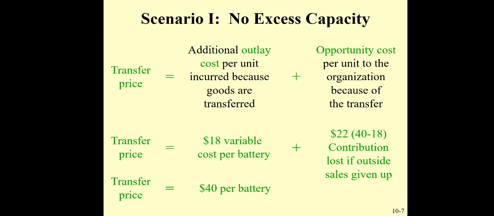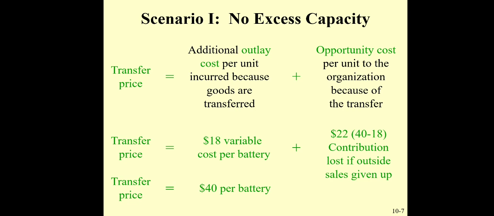So the additional outlay per unit is $18. $18 is the variable cost per battery, because every time the battery division produces a battery, the battery division has to pay $18 cost.